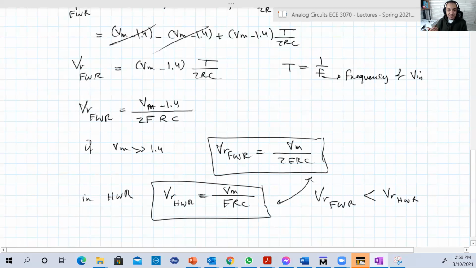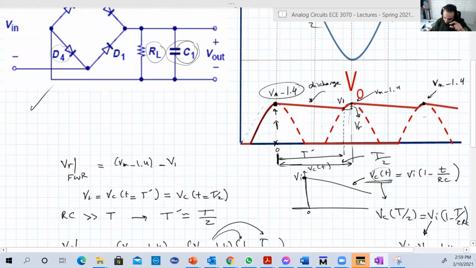And that's good. Remember, ripple is a measure for the variation in the output, and our ultimate goal is to gain a signal that is completely DC. So we need this ripple to be very small. We need this distance between this max and this point, which is just the end of the V1, to be very small.